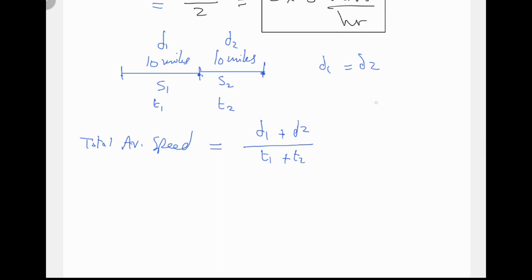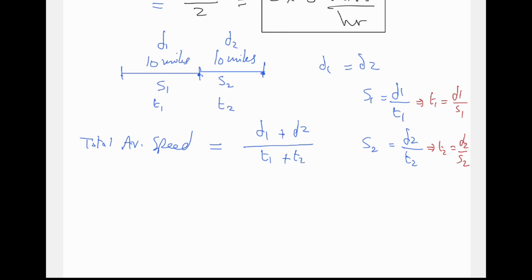And remember that S1 equal to d1 over t1 and S2 equal to d2 over t2, which means that I can write t1 as d1 over S1, and here I can write t2 as d2 over S2.